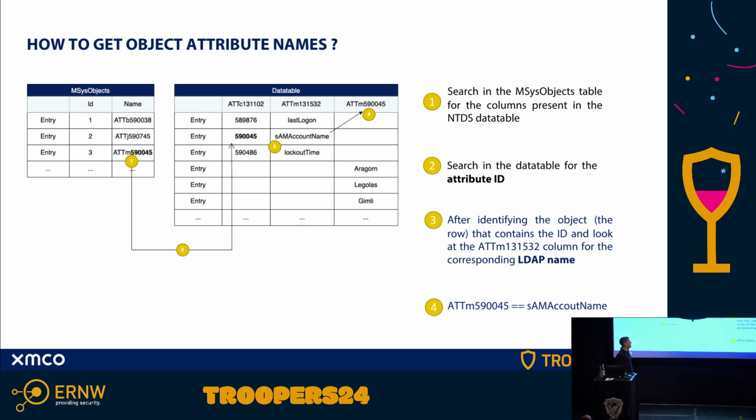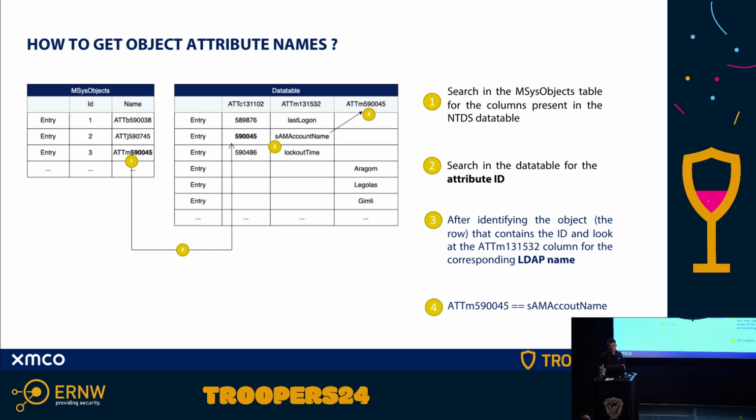And the LDAP name is usually more familiar to you. And when you know the ATTm590045 here, corresponding to the SAM account name, you just need to go to this column and grab the SAM account name for your domain users.